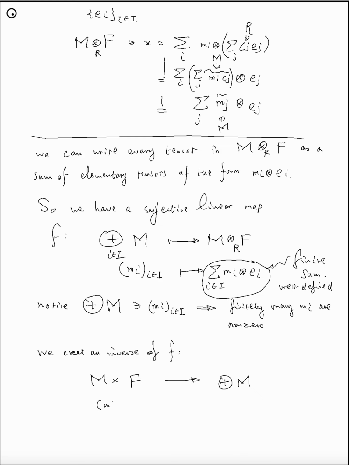So m, whatever m, whatever, because this is the basis, I'm mapping it to inside the direct sum of M, so I'm just taking m at index i.